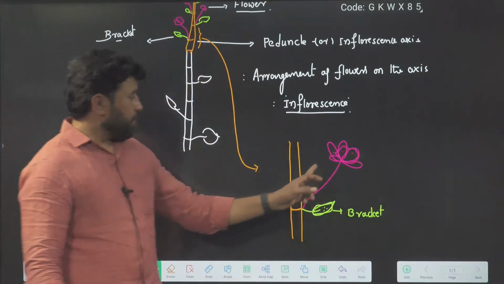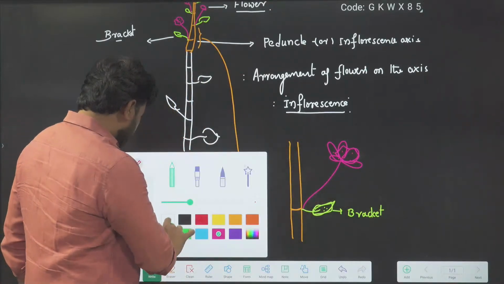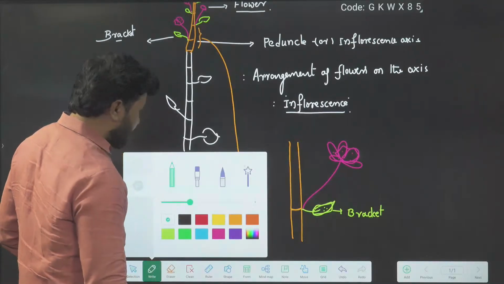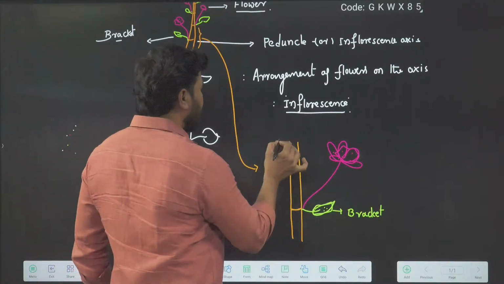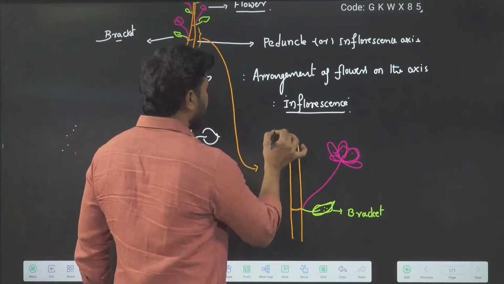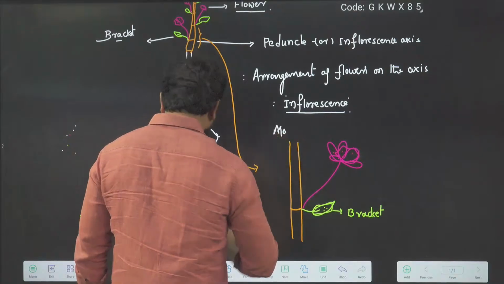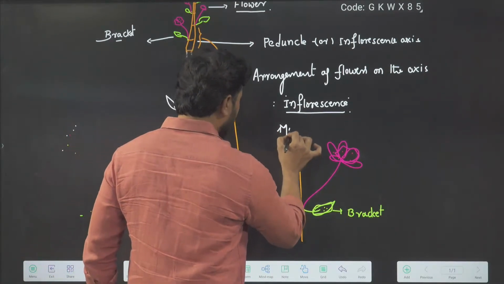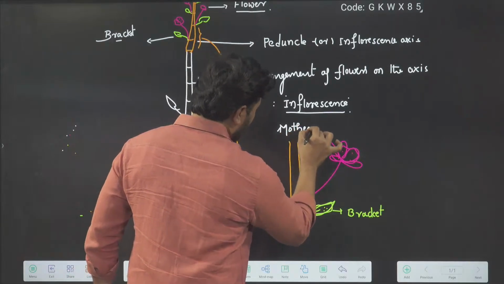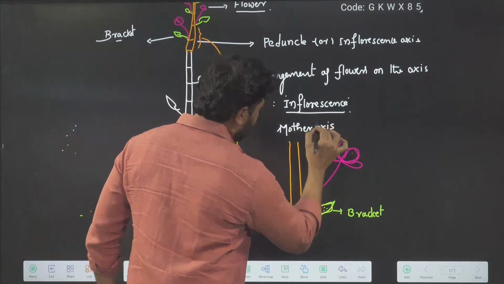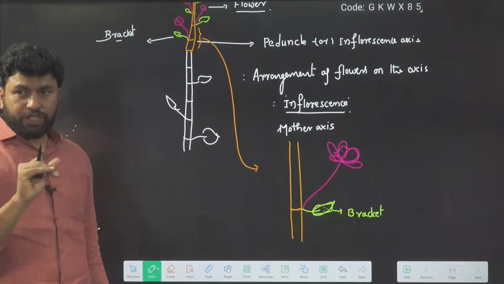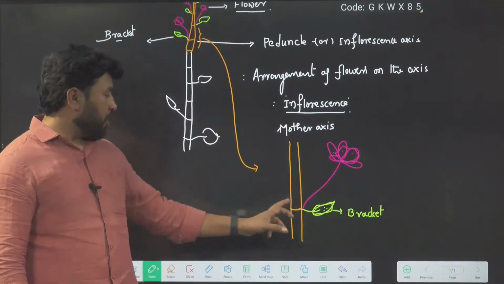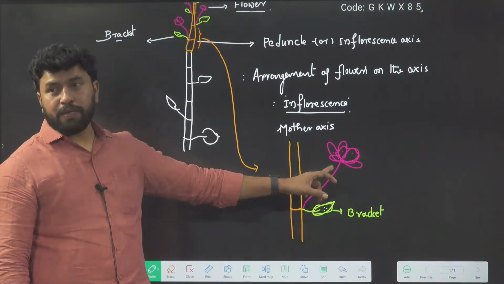Now, the inflorescence axis of the flower developed on it is also called mother axis of the flower. Mother axis means the place on the stem where the flower has been developed.